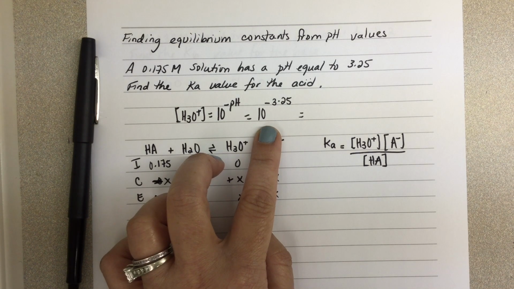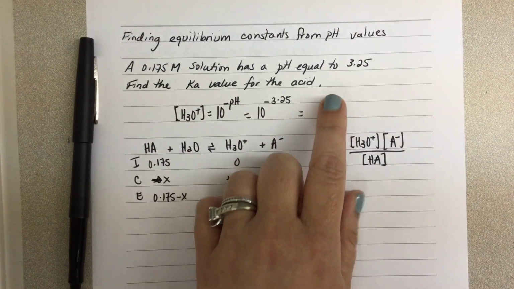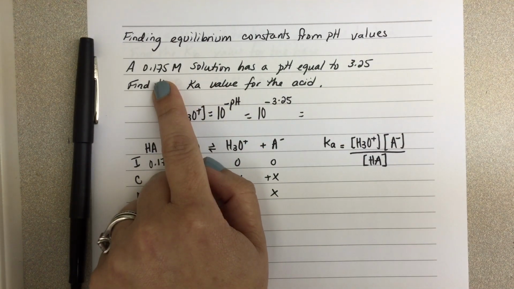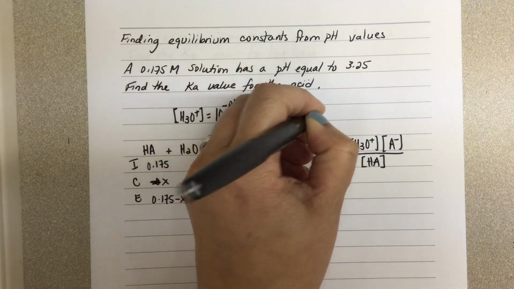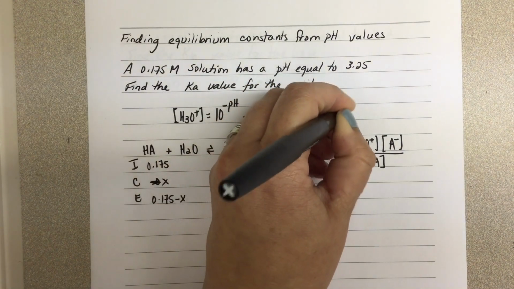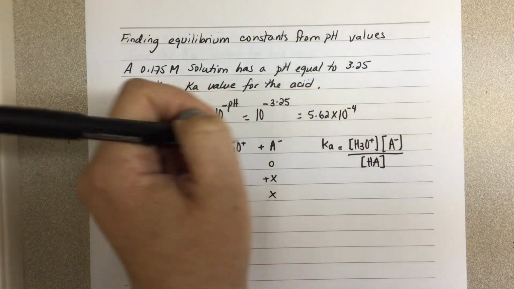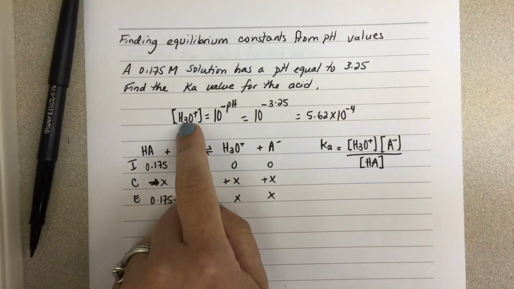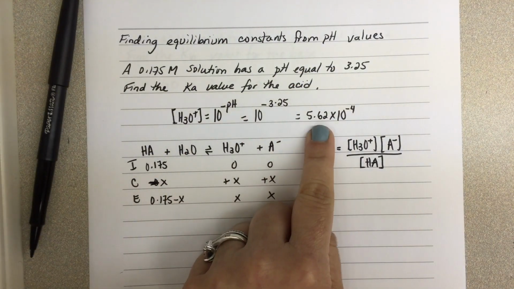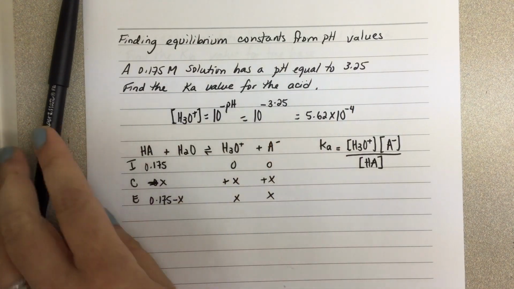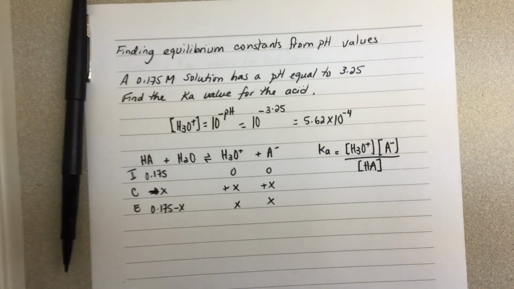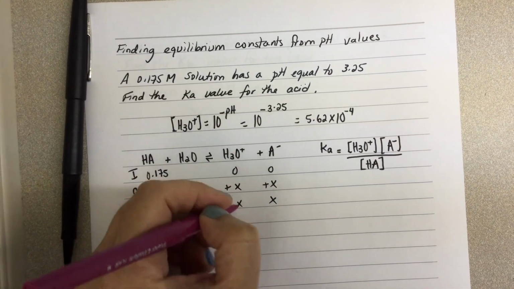I have 5.62 times 10 to the minus 4, with three significant figures. Remember, this is hydronium. That's your concentration for hydronium that you're getting from your pH. Now that concentration of hydronium is your x value right here.